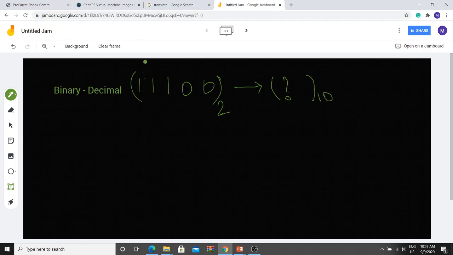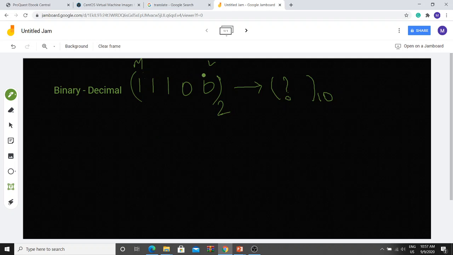How to find it? First, you have to identify which is most significant and which is least significant. We already know that the most significant will be the leftmost, and the rightmost will be the least significant.